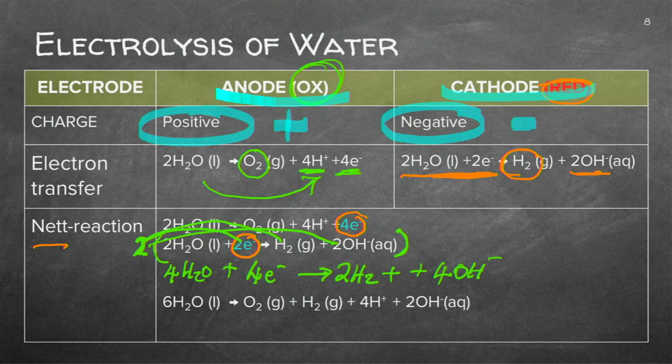Now I'm going to add them together. I'm going to add that reaction there with this reaction here. Now it's quite unneat, so let me just take away a little bit of the writing here, so that you can see here we've got 4H2O. And can you see I had 2 there and 4 giving me 6.